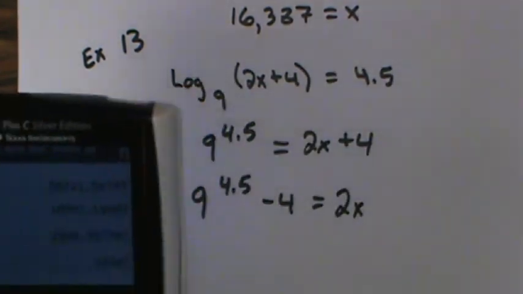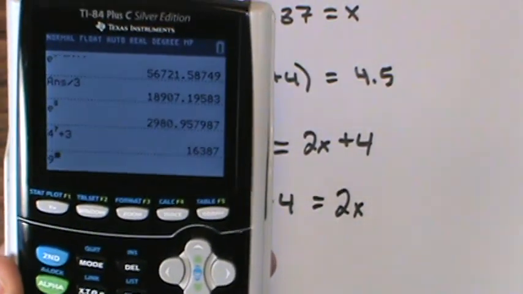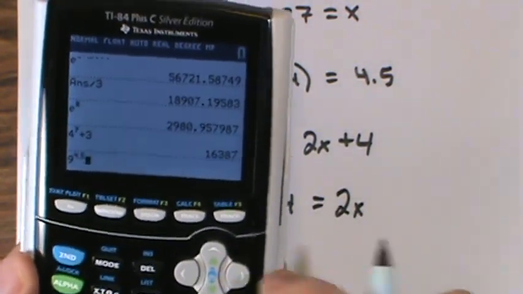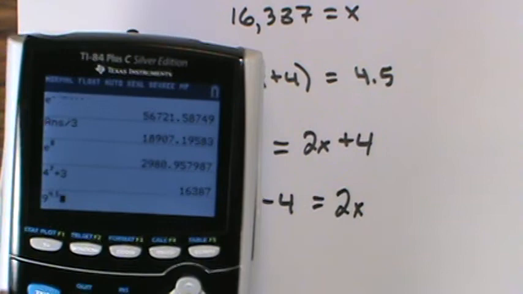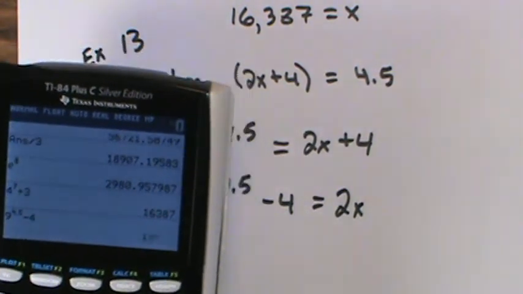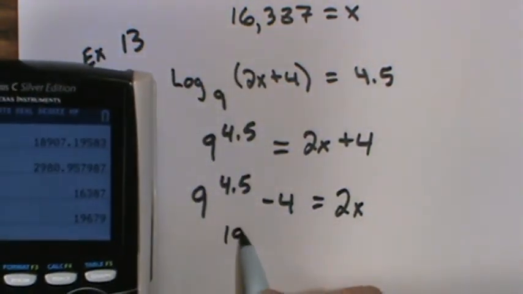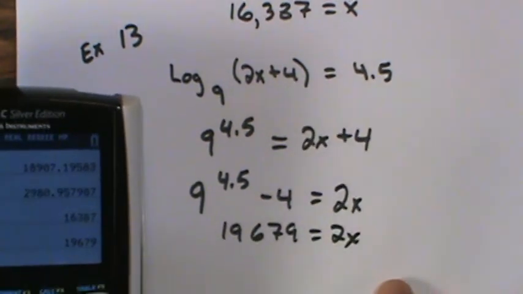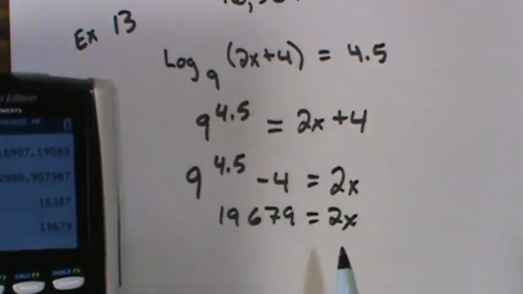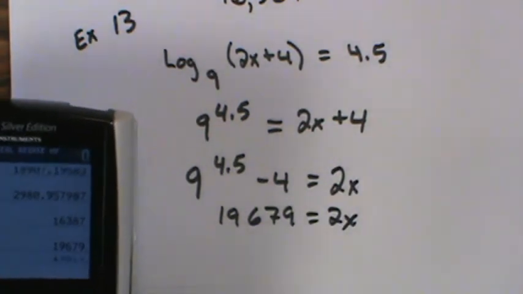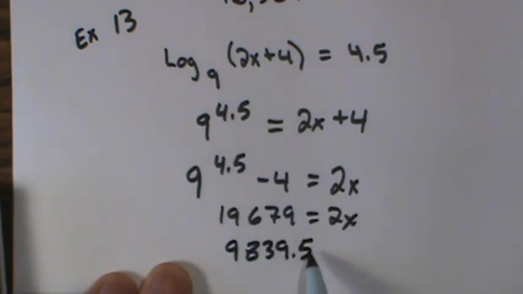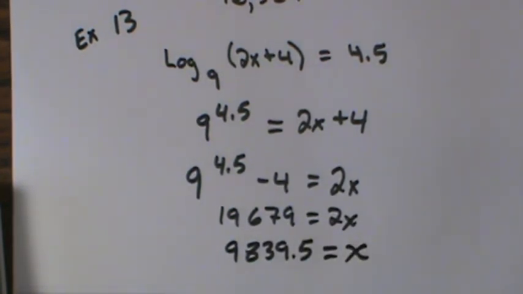And I'll simply put that in my calculator. 9 raised to the 4.5. Make sure you right arrow so you're back to regular script, minus 4. Now that gives me 19,679 equals 2x. And to get the x by itself, I simply divide by 2. So I divide by 2, and now I've got 9,839.5 is equal to x.